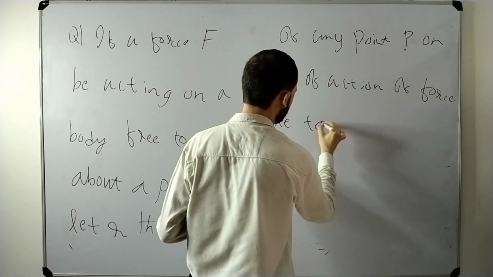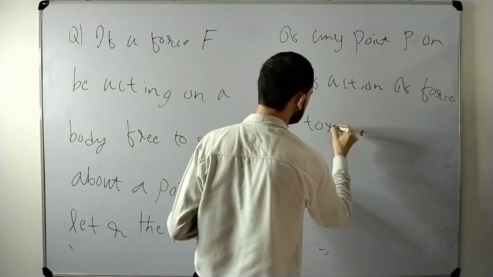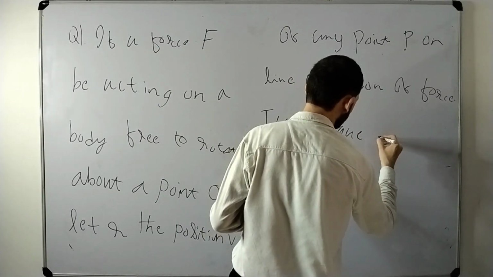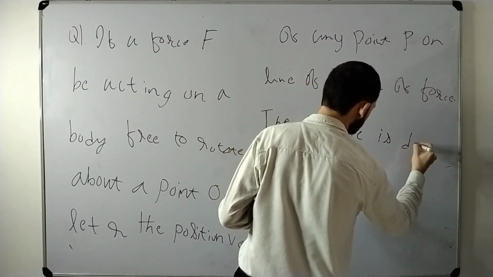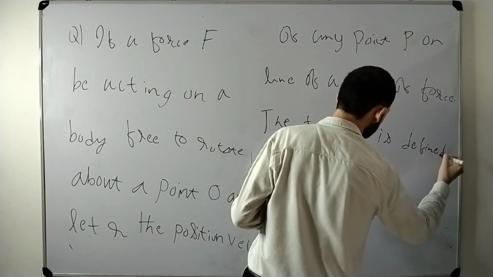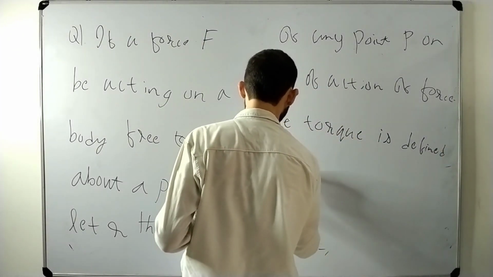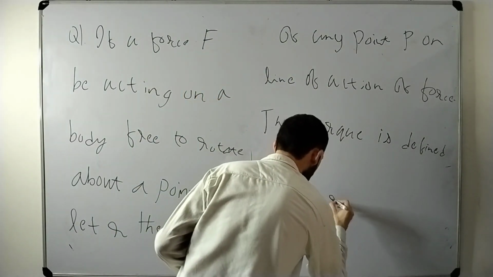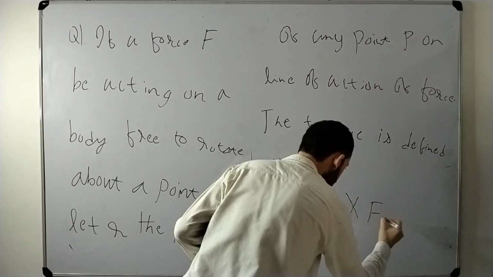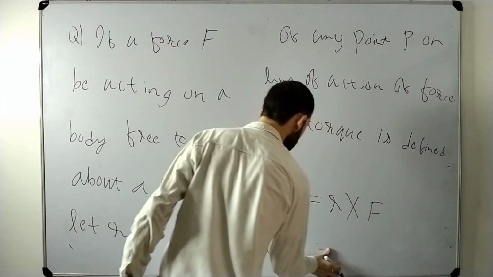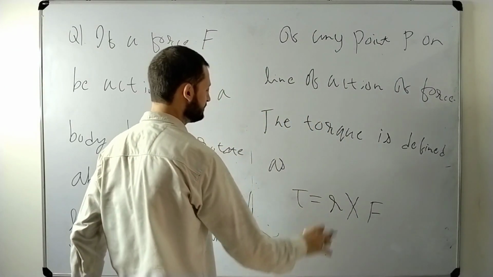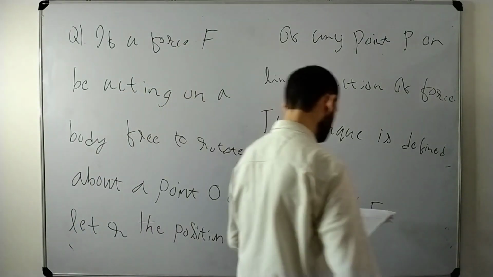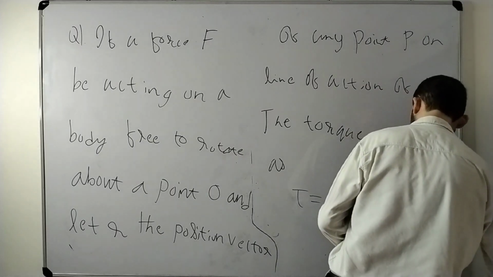The torque is defined as, for this force, torque equals R cross F. Okay, we haven't defined it in this way. Torque for R vector. Now I am giving values.